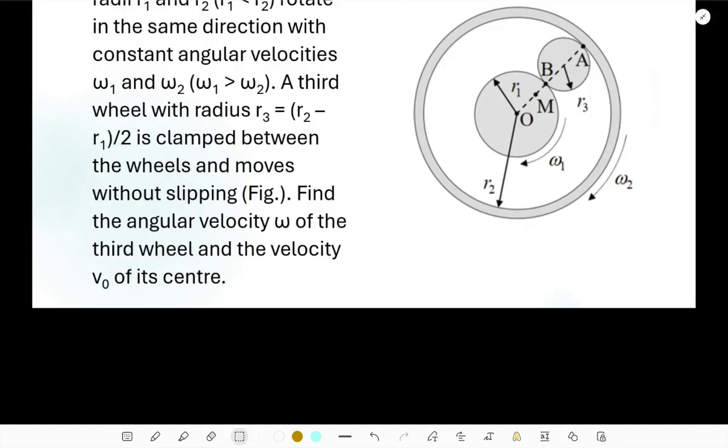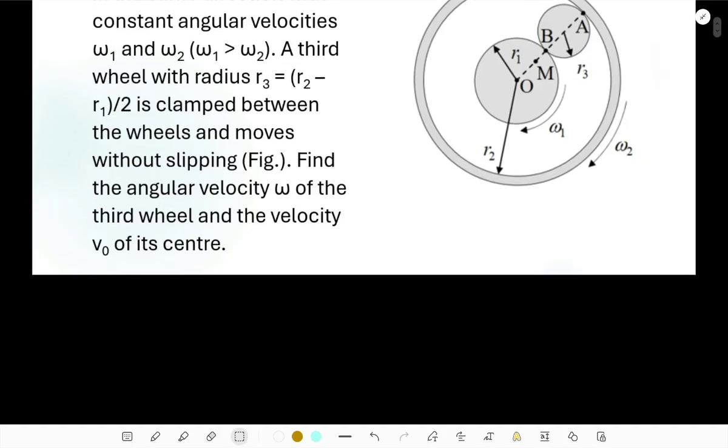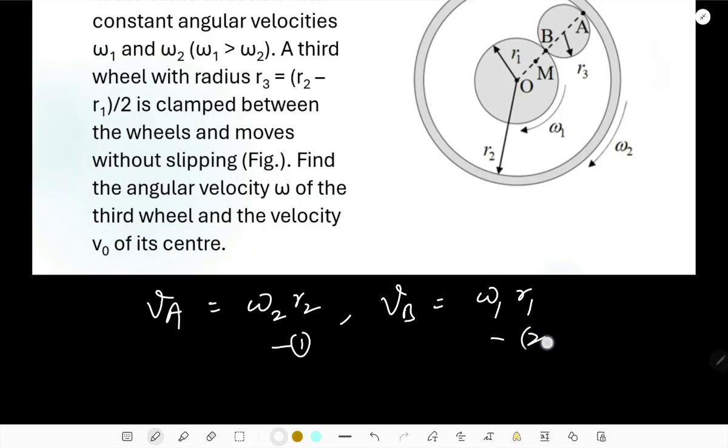So I can write velocity of A as omega 2 R2, because it coincides with the bigger wheel, and velocity of B as omega 1 R1. This is my equation number 1, and this is 2, because these are useful relations.